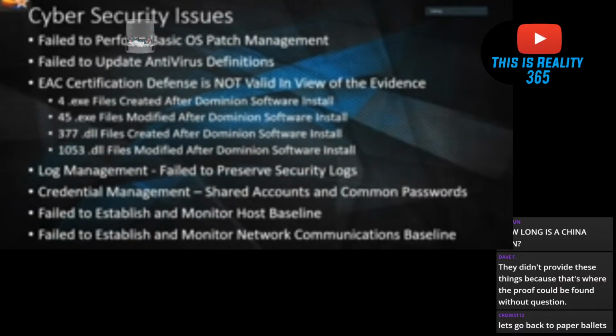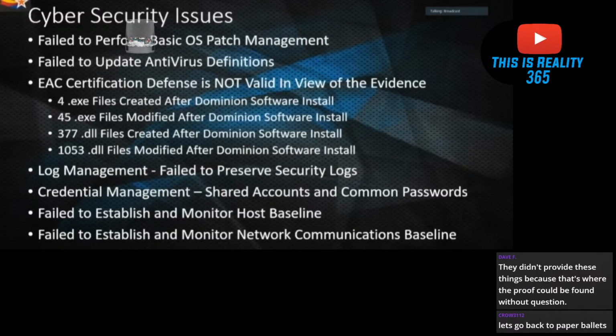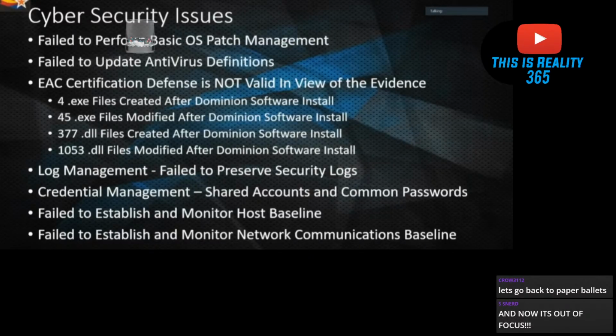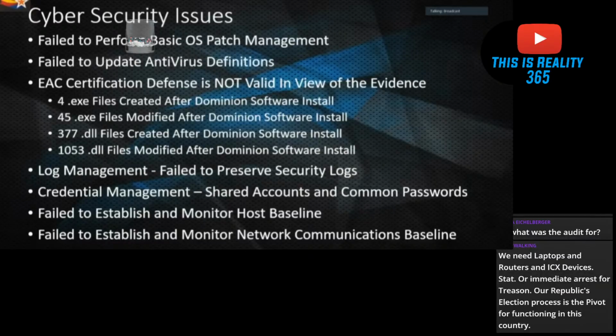I will tell you that every item up here is part of that recommendation from CISA. I will tell you that in Maricopa County, they failed to perform basic operating system patch management functions. Now let me explain that for a bit.